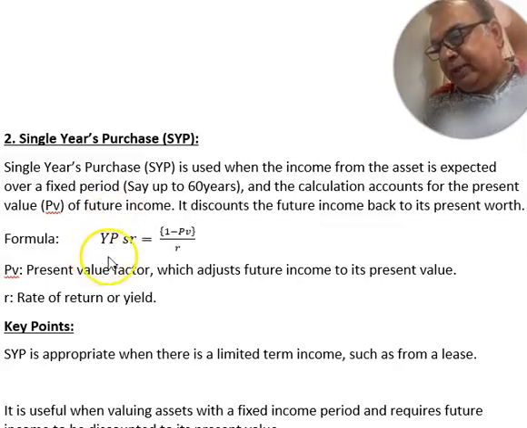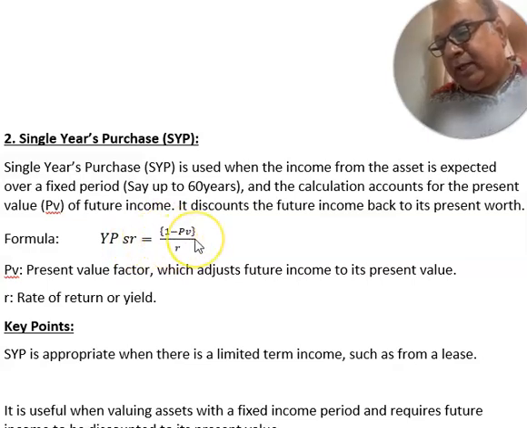So this YP single rate formula is equal to 1 minus present value divided by R. Present value formula you have learned. What is the present value formula?